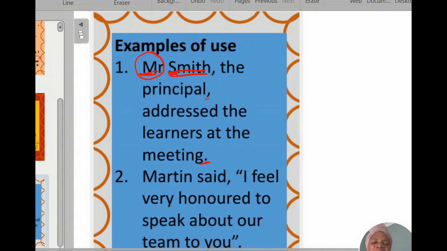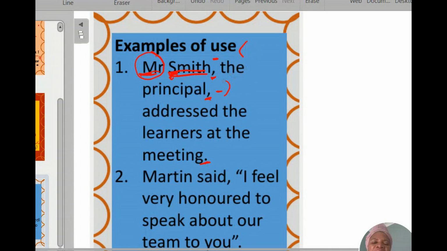Okay, Mr. Smith, and the name Smith has a capital letter S because it's a special name, and then a comma. These two commas are there because we have to temporarily stop to show that we are adding information. We can also put the hyphen, or the dash, or the parenthesis.